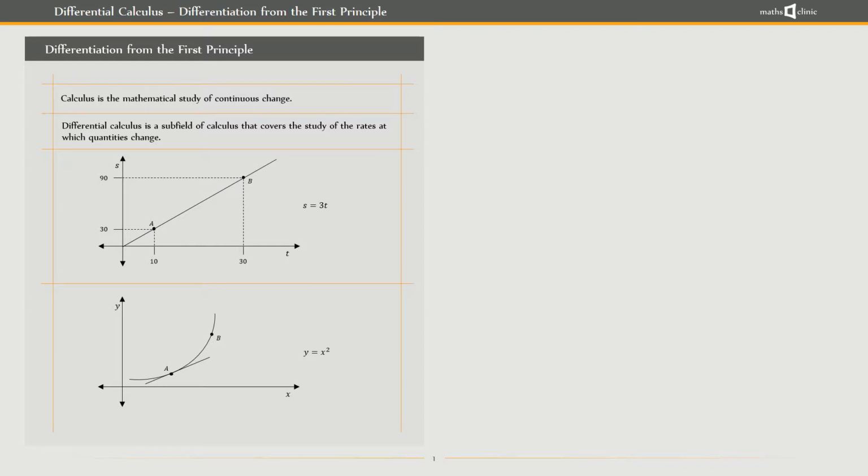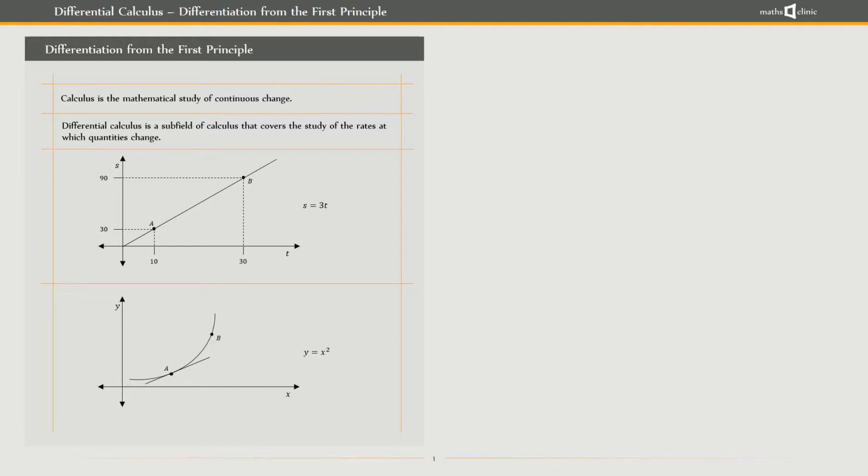If you had another point B, the gradient at point B would be completely different from the gradient at point A. You'd have another tangent to the curve at point B, and the gradient at point B would be the gradient of the tangent to the curve at point B.